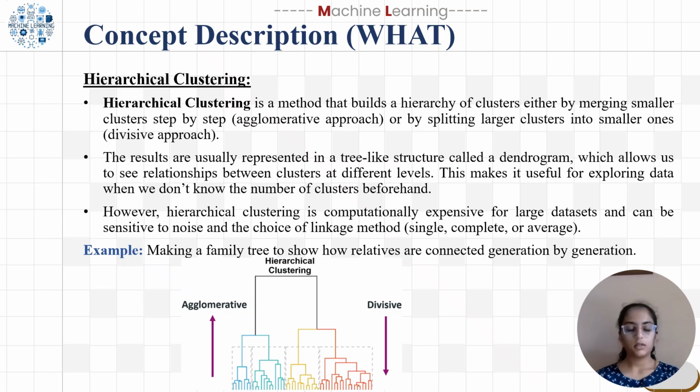If we draw a family tree, first comes the grandfather, then the father, then our generation, and like this one by one generation comes. That is one example of hierarchical clustering.